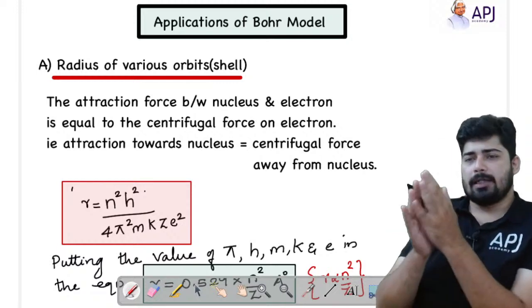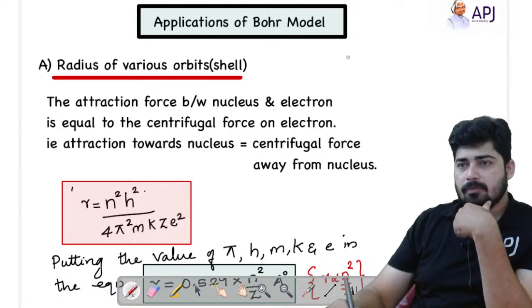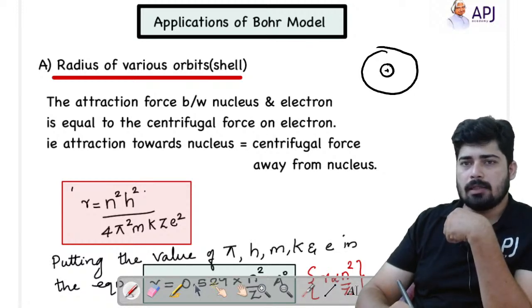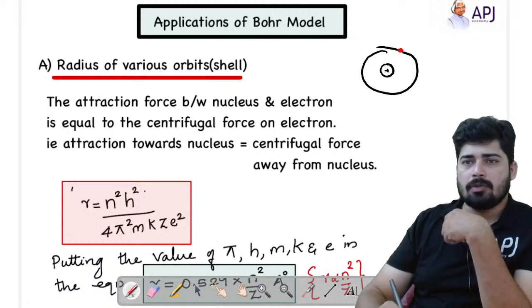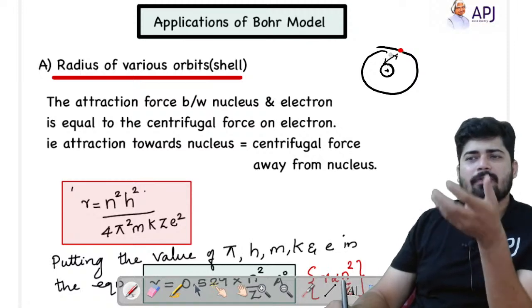As I have told you earlier, there is an attractive force. See here, if this is an orbit and this is the nucleus, and here we have an electron. We know that there is an attractive force between these two, nucleus and electron. What kind of attractive force?